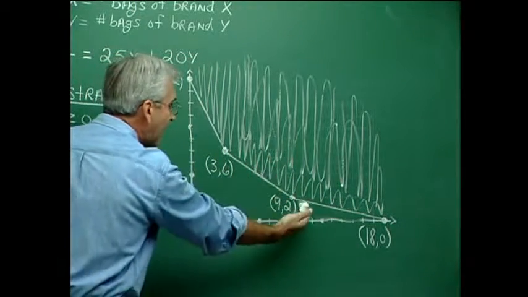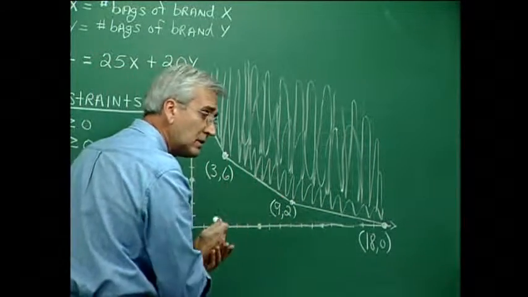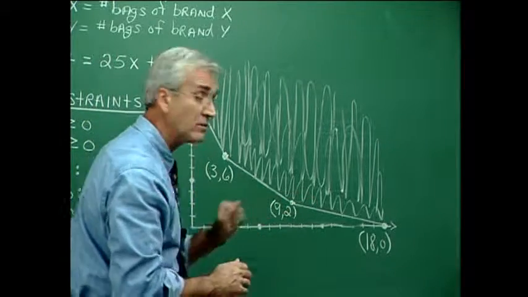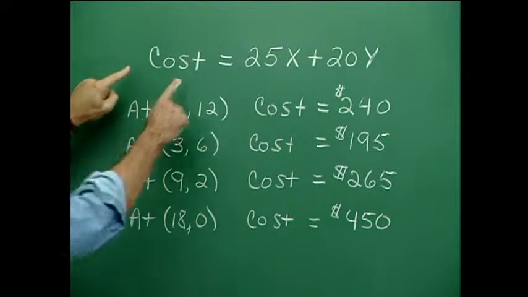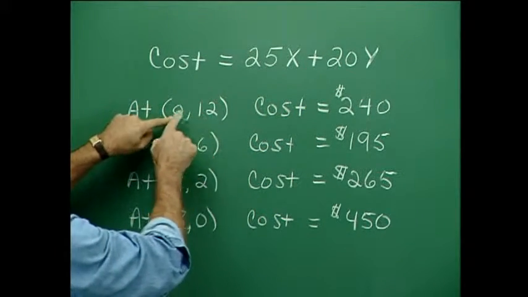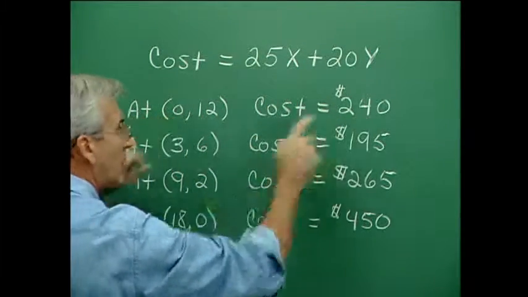And so the minimum value, we minimize at one of those values. So we evaluate the objective function for each of these xy pairs. Let's do that over here. The objective function is cost is 25x plus 20y. So at 0, 12, we replace x with 0 and y with 12, and we find the cost to be $240.